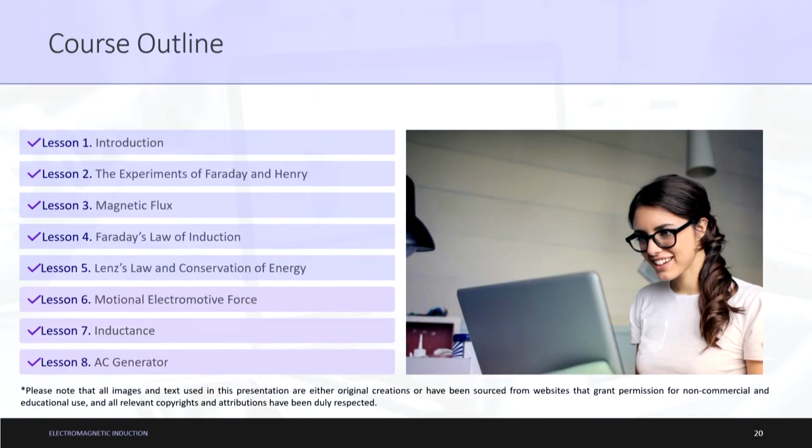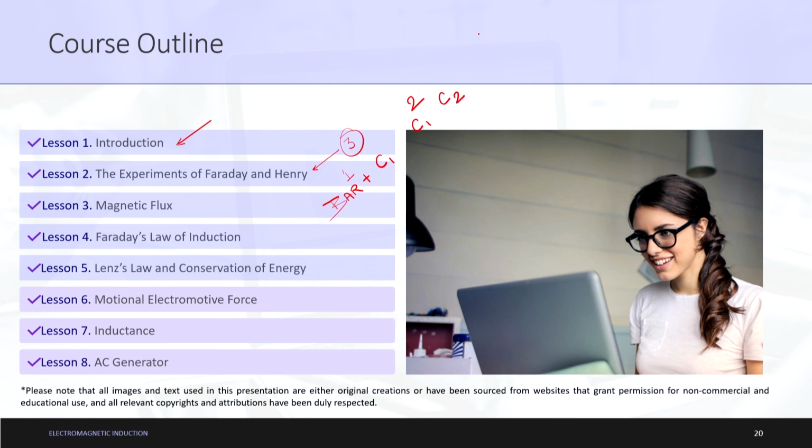So, as previously stated, this was our course line. In the last lecture, we already completed the introduction of electromagnetic induction, followed by the experiments of Faraday and Henry. To brief you about the last lecture, there were 3 experiments. Experiment number 1 had a bar magnet plus a coil, which I denote by C1 here. The second experiment had 2 coils, C1 and C2.